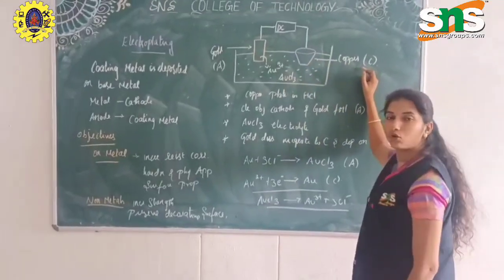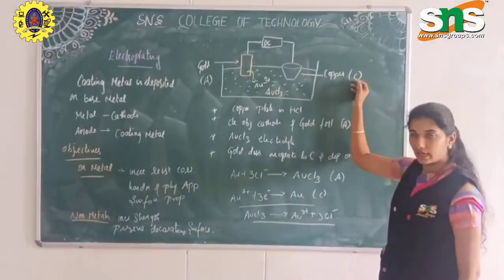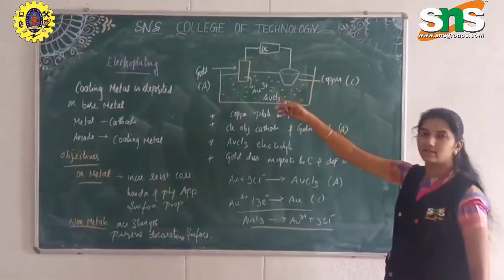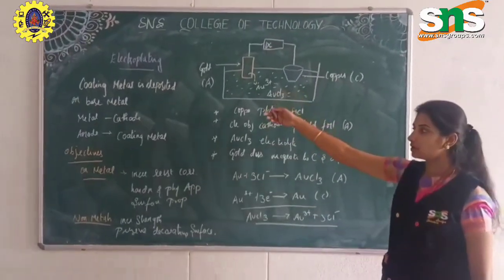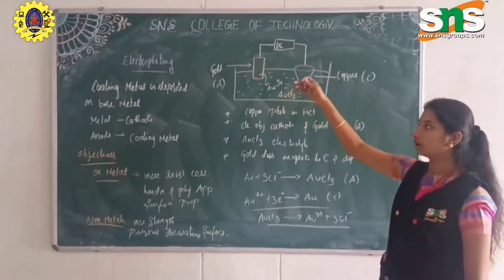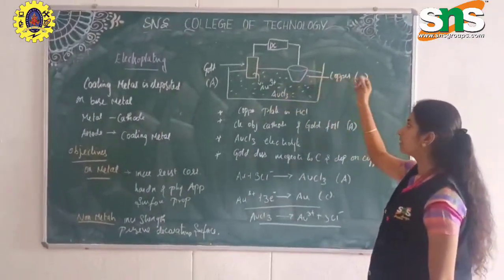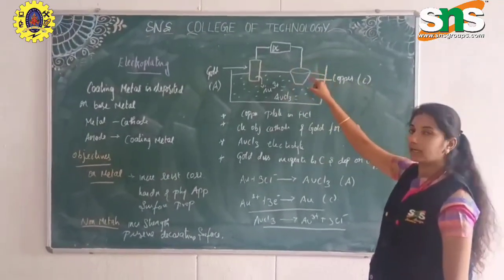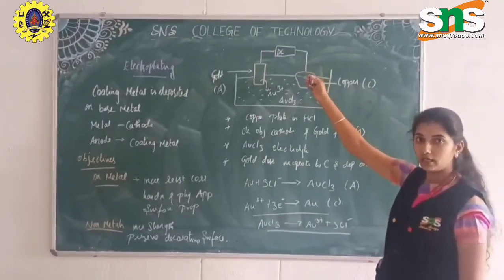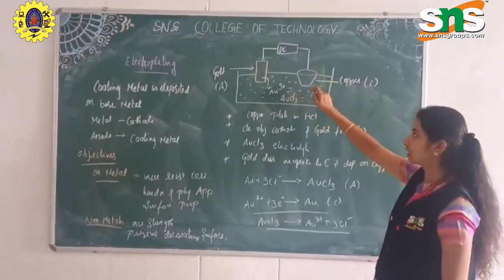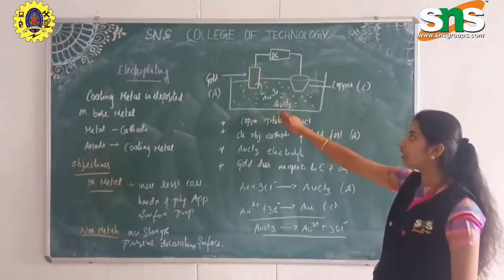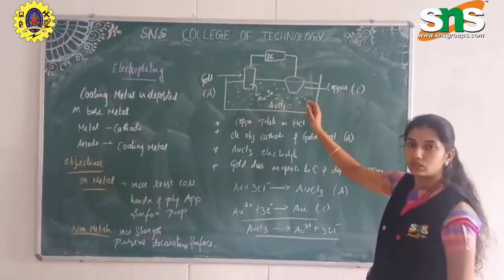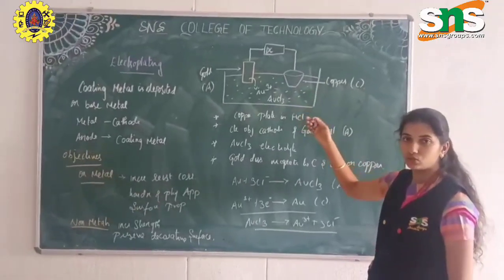The copper object is the cathode and the gold is the anode. The anode is the coating material, which is deposited on the base metal, copper. These two are connected to a direct current source and immersed in a solution of AuCl3. This is the electrolyte solution used in this process.